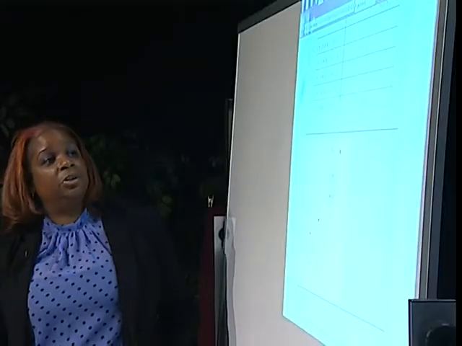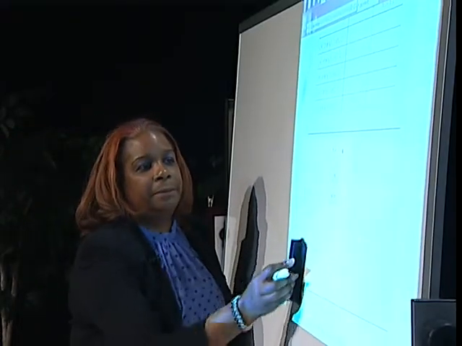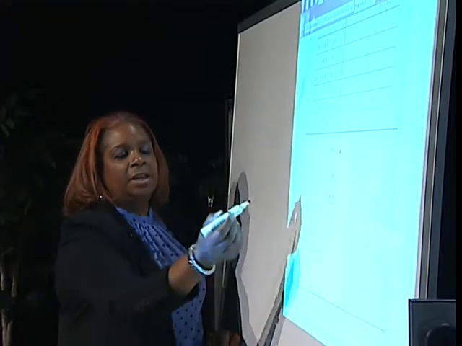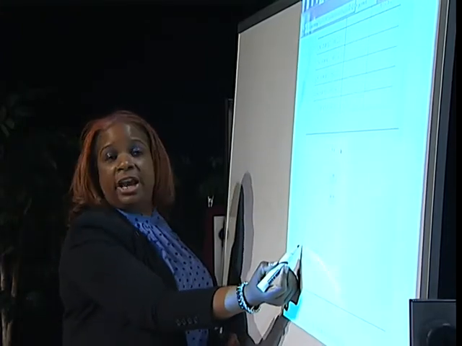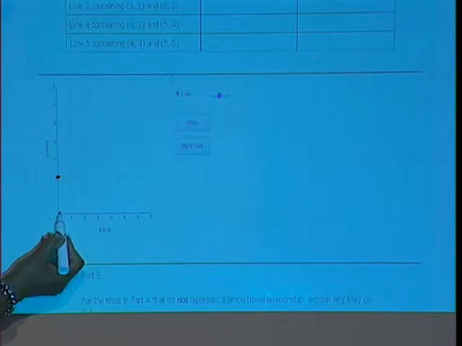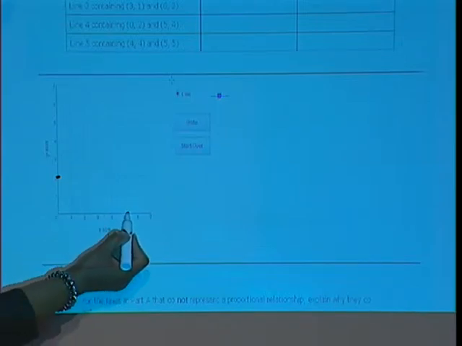Now, let's take a look at line 4. Starting at the origin, we do not move at all. We stay. We move up 2 on the y-axis. We plot this point. Also, beginning at the origin again, we're moving over 5 spaces to the right. 1, 2, 3, 4, 5.